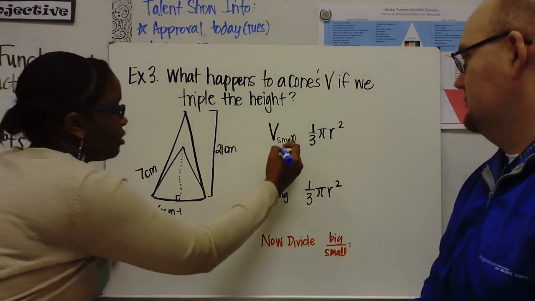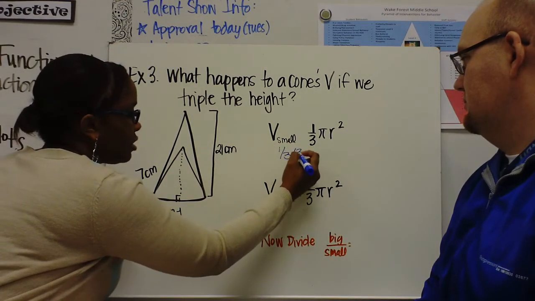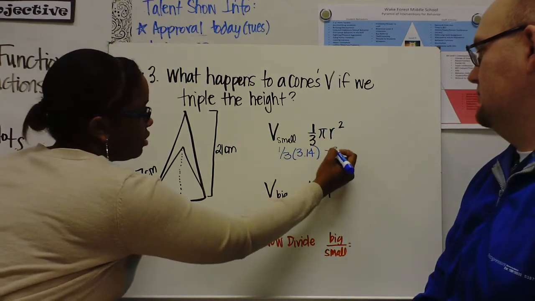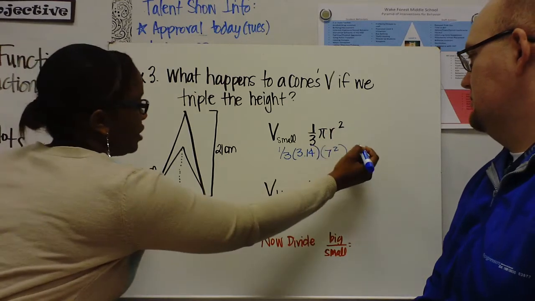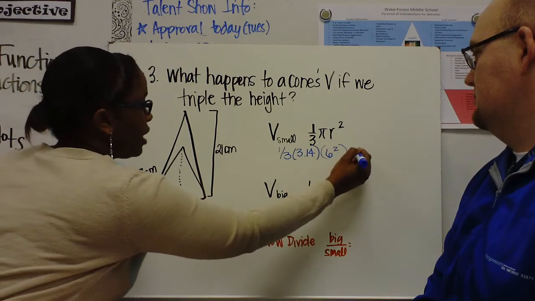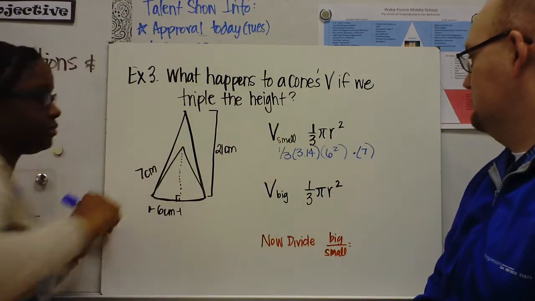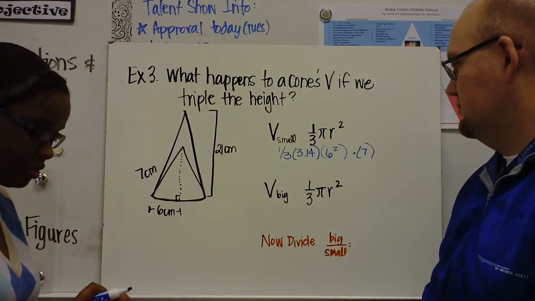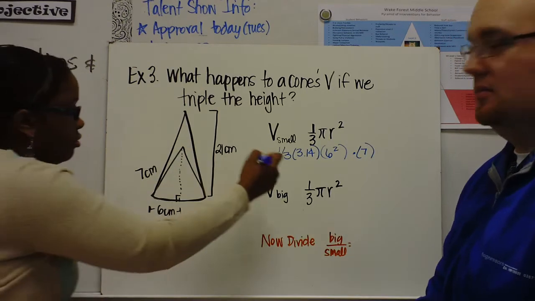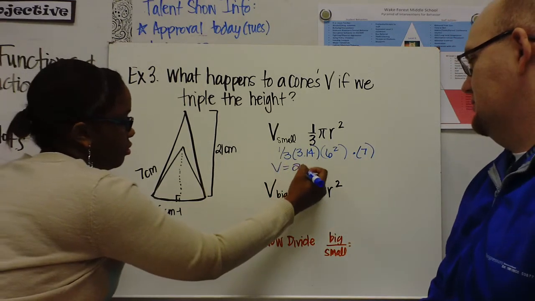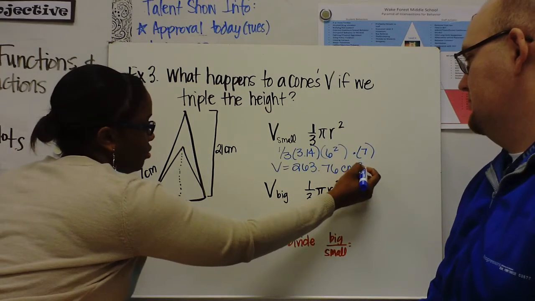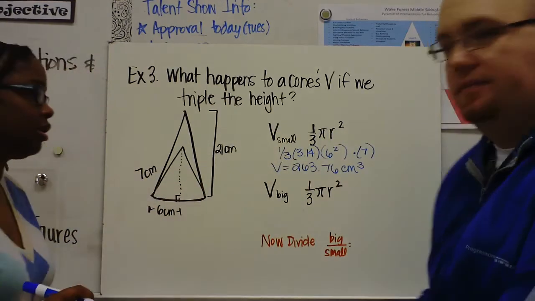So we're going to plug that into the formula. 1/3 times 3.14 times the radius of 6 squared, times the height of 7. You just type all of that in the calculator. 263.76.